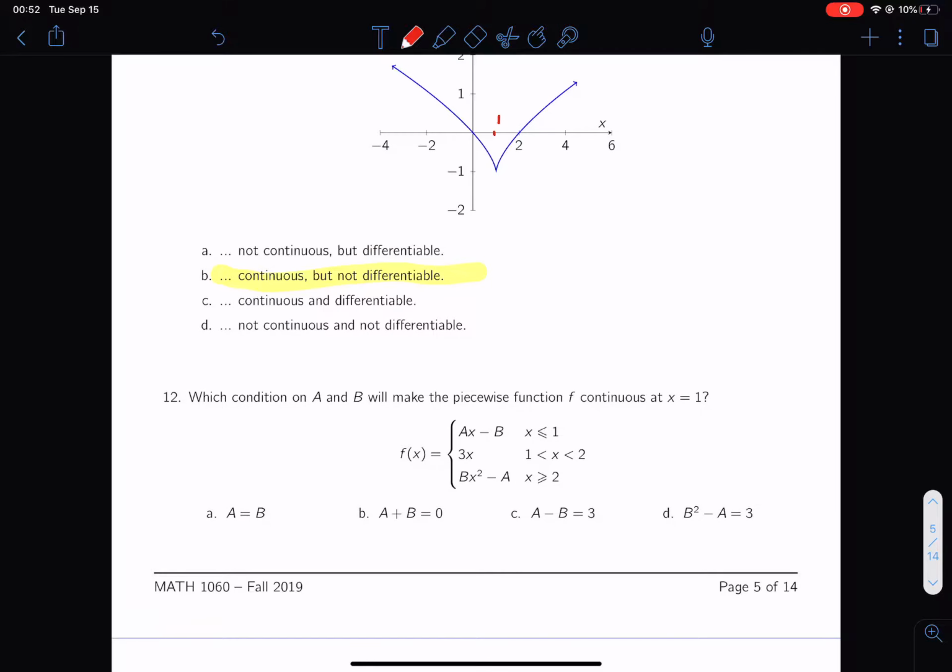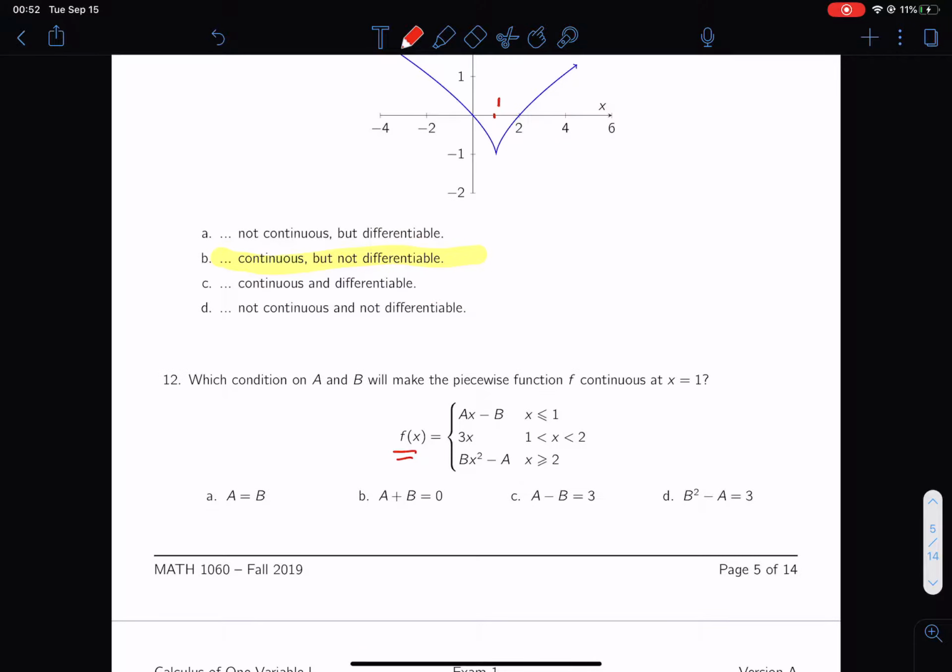And for number 12, which condition on A and B makes this piecewise function continuous at 1? So continuous at 1, let's see, the left side limit means we have to use the first part.